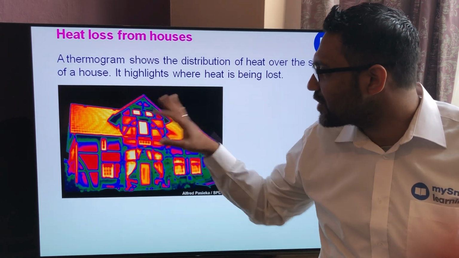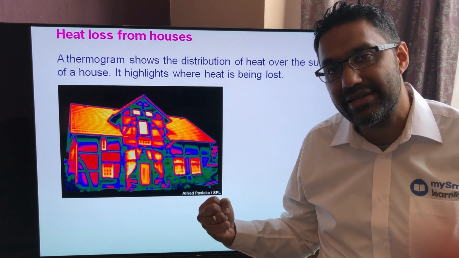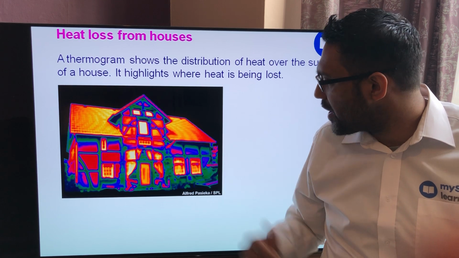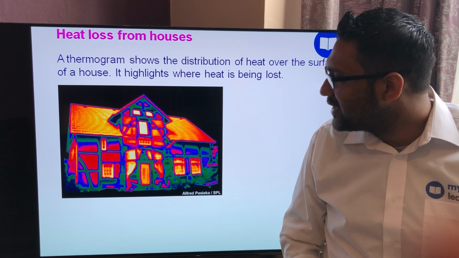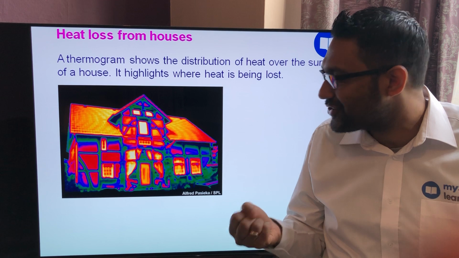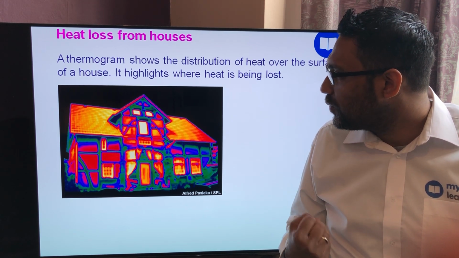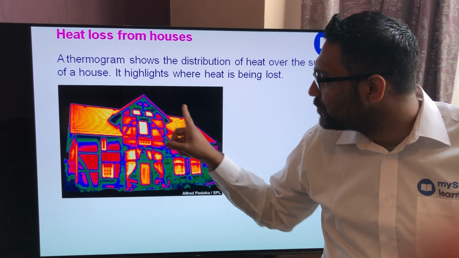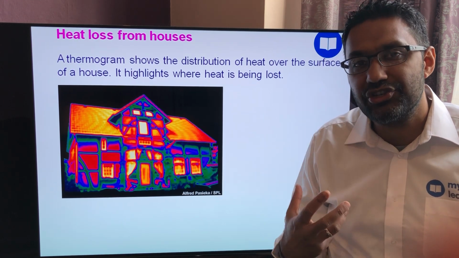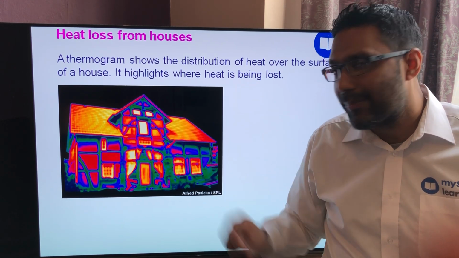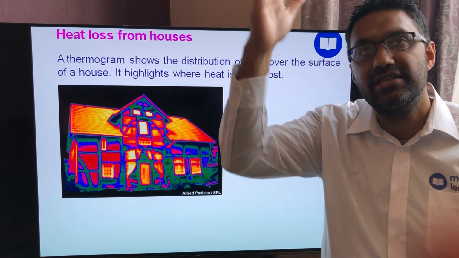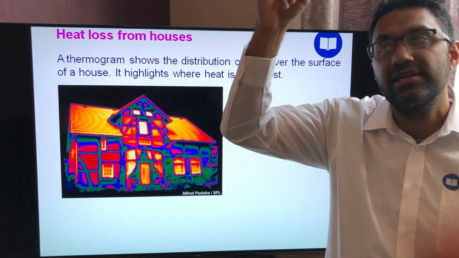So you can see with this thermal imaging camera, you can see with the infrared camera where the heat is escaping. So where is most of that heat escaping? You can see the brighter orange yellow bits and the red bits are showing you where the heat is escaping. Well, if you look, the brightest parts are in the roof, and most of our energy does try to escape out of the roof because hot air rises and the heating effect rises and it goes straight upstairs and then out the roof.